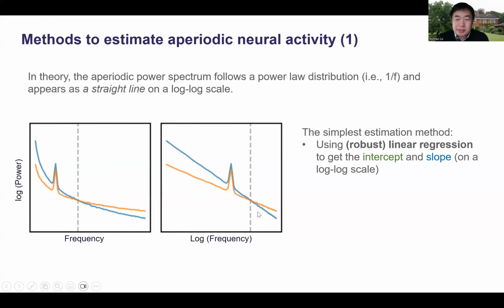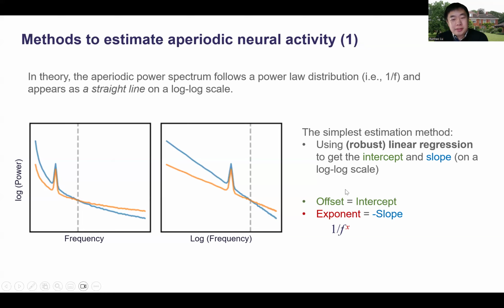So the simplest estimation method is to use a linear regression to get the intercept and the slope on a log-log scale to describe aperiodic activity. It should be noted that some researchers tend to use offset, but it's just equivalent to the intercept here. And some people use the exponent of the 1/f function, and the exponent is just equivalent to minus the slope.